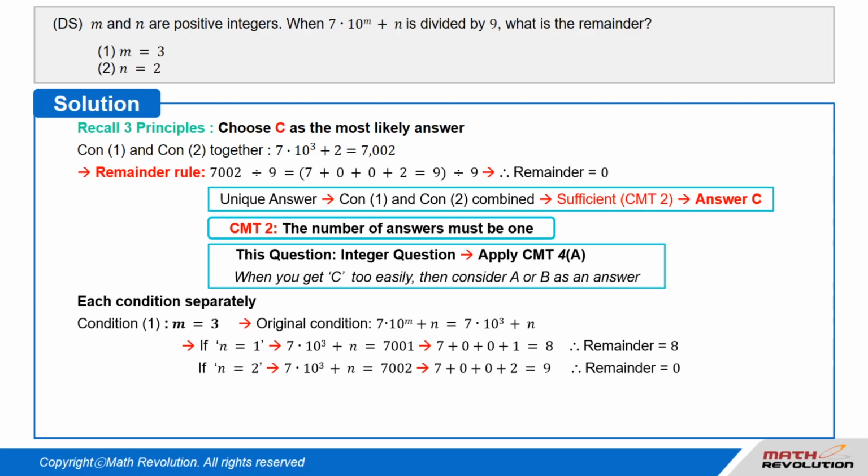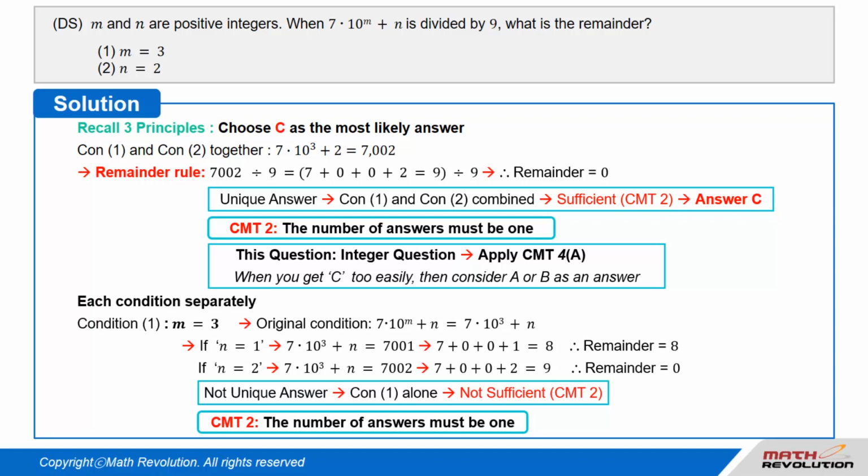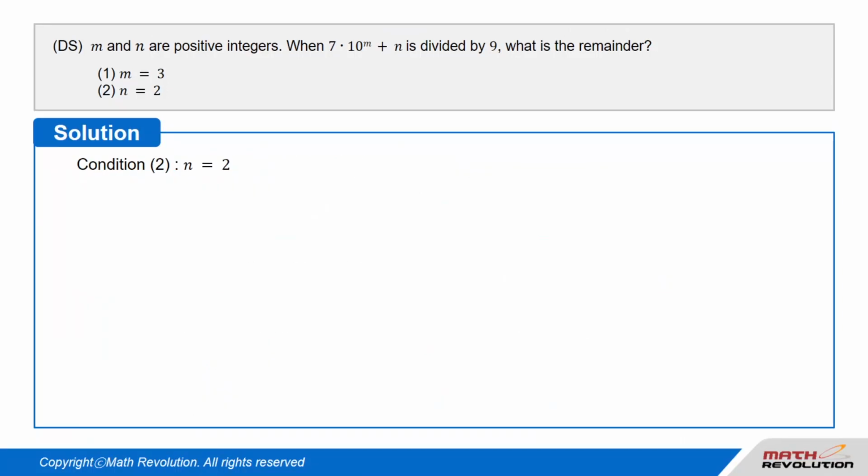If n equals 2, we get 7,002. Since the sum of the digits of 7,002 is 9, the remainder is 0. The answer is not unique, so the condition is not sufficient, according to CMT2, which means that the number of answers must be 1.